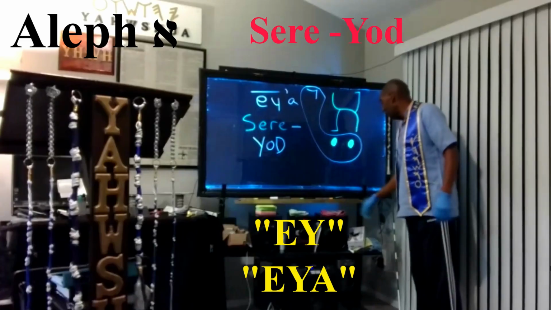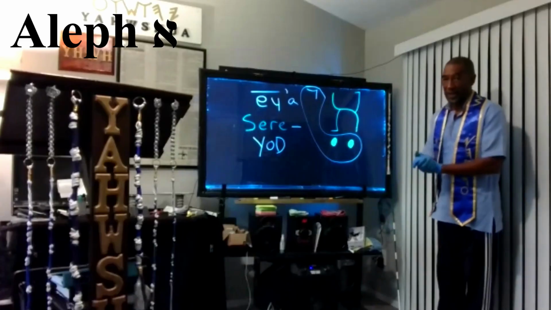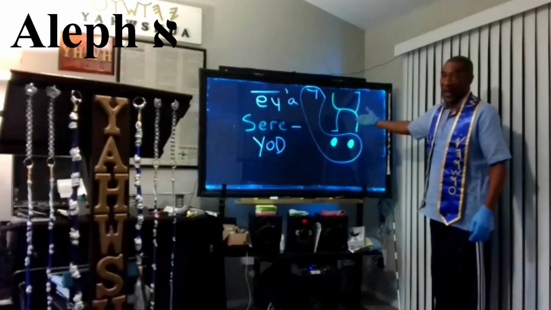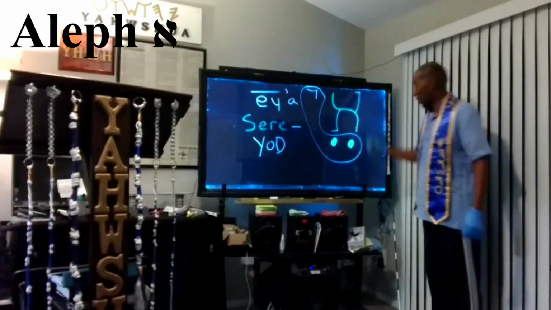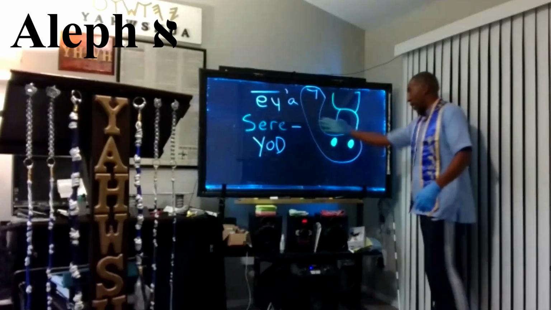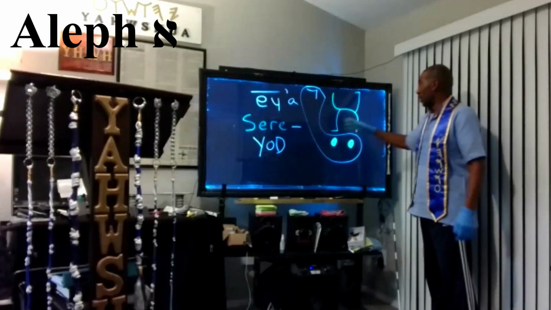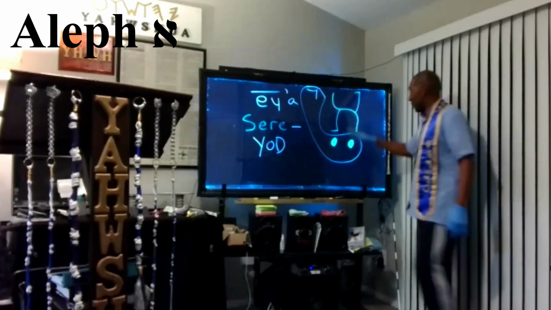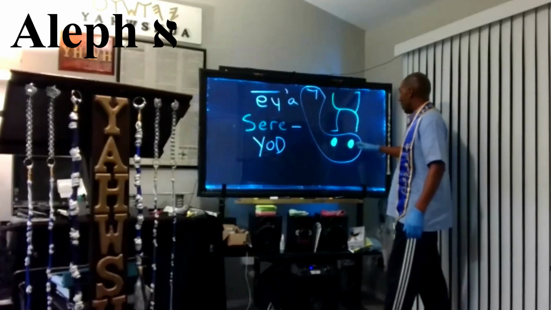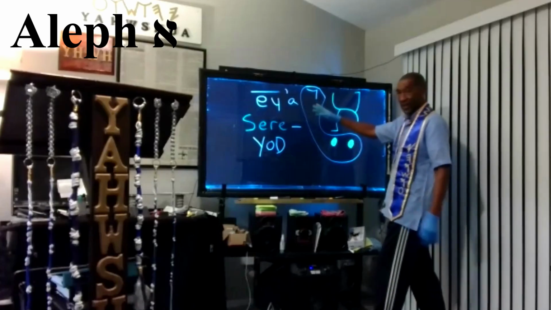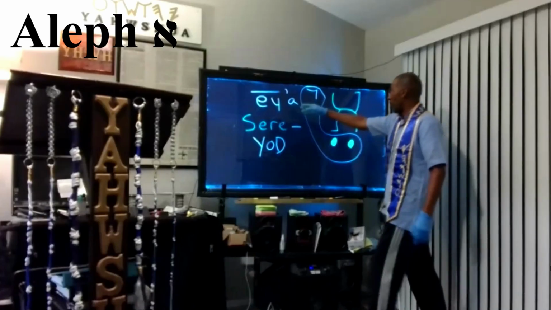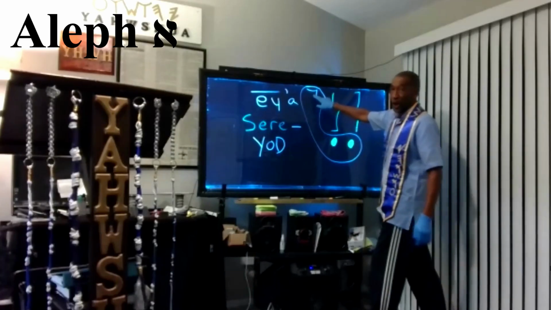Okay. So the first one we did was komets. The aleph had a phonetic ah sound. All right. Now we said sere and sere yod. So it'd be A, sere A, or sere yod A, or ea, either or when you had the yod.